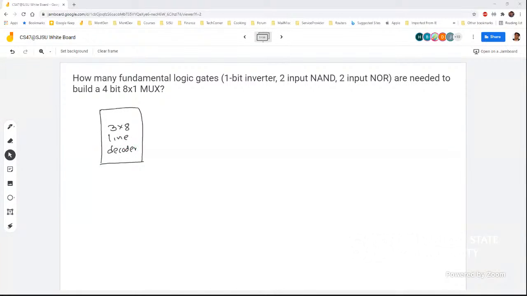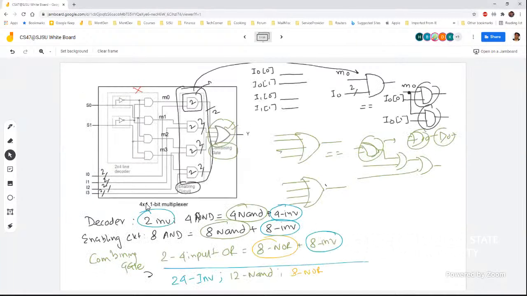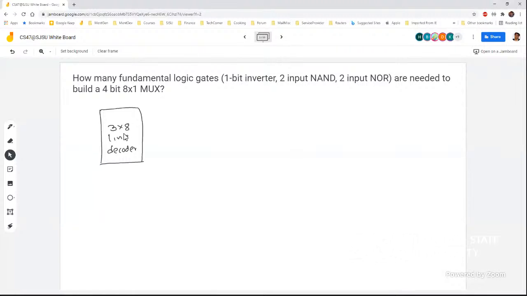Remember in the previous example, we had a 4 to 1 multiplexer, so that's where we needed a 2 to 4 line decoder. Now, since we have an 8 by 1 multiplexer, we need a 3 by 8 line decoder.